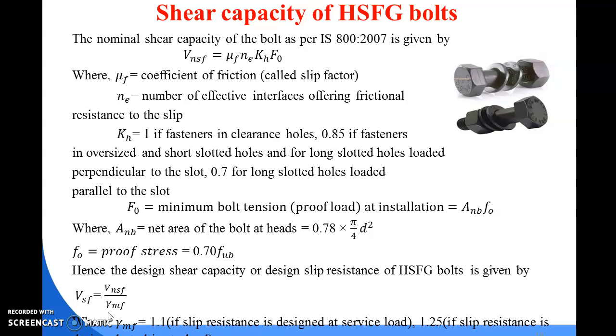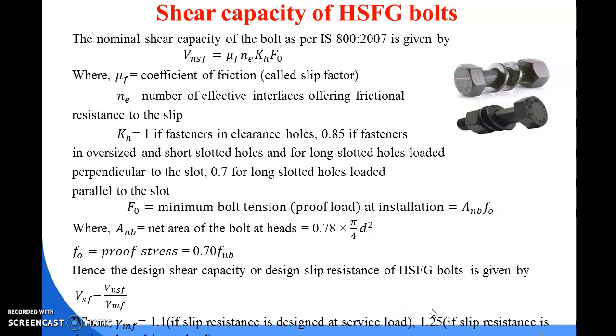For the provision of the partial safety factor, there are two criteria. If the slip resistance is designed at service load, then your gamma mf value is 1.1. And if the slip resistance is designed at ultimate load, then your gamma mf value is 1.25.